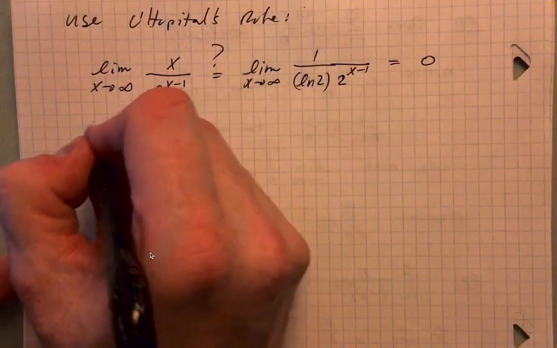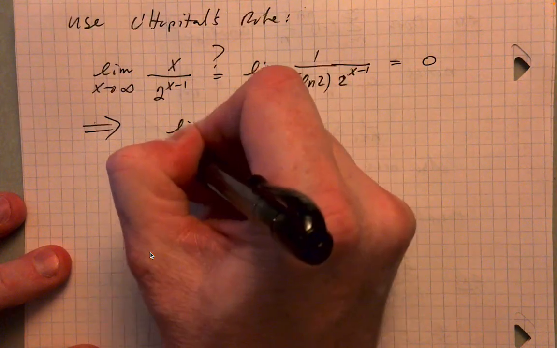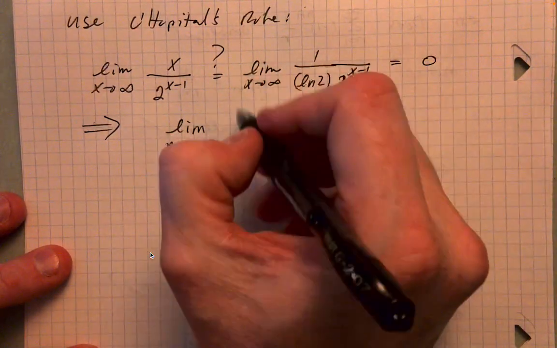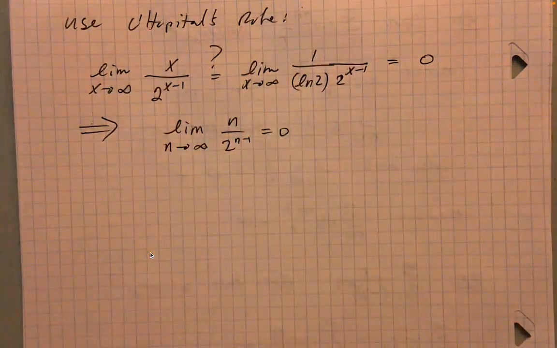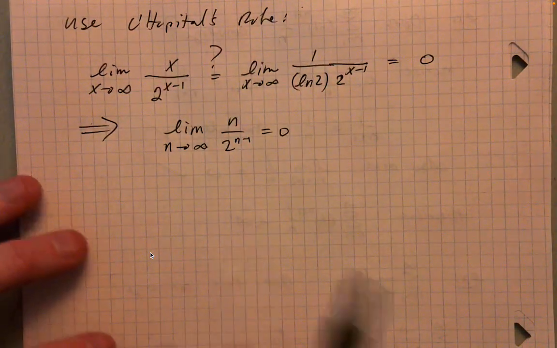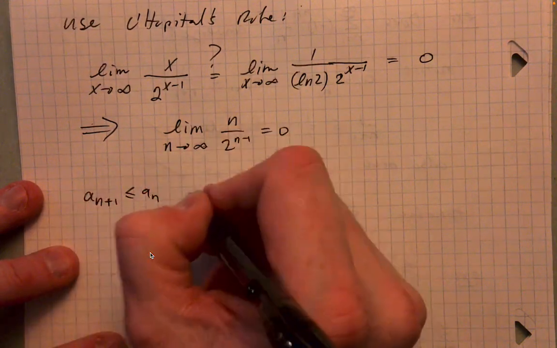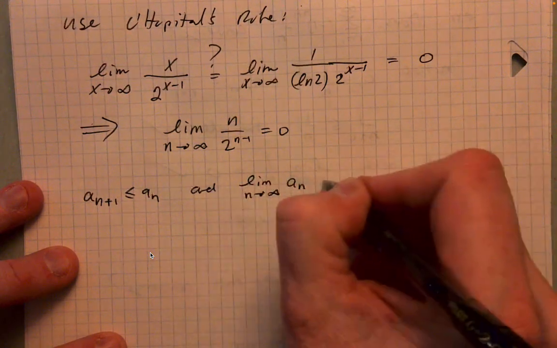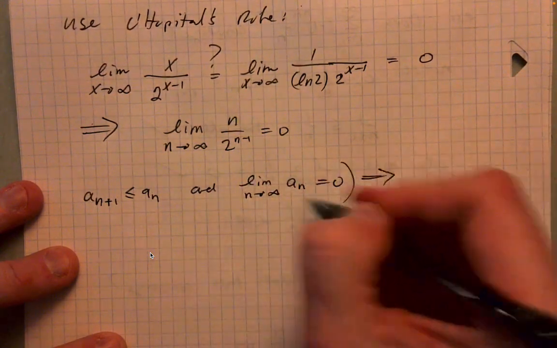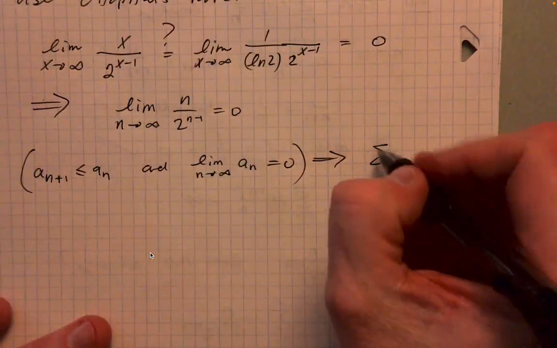Okay, so what this all implies, if you recall the L'Hopital's rule section, is that the limit as n goes to infinity of n over 2 to the n minus 1 is 0. Okay, and so the fact that a sub n plus 1 is less than or equal to a sub n, and that the limit as n goes to infinity of a sub n is 0, these two together imply that the series converges.